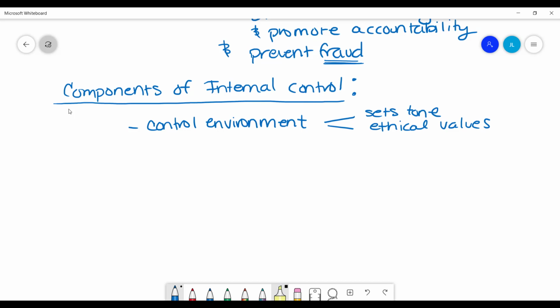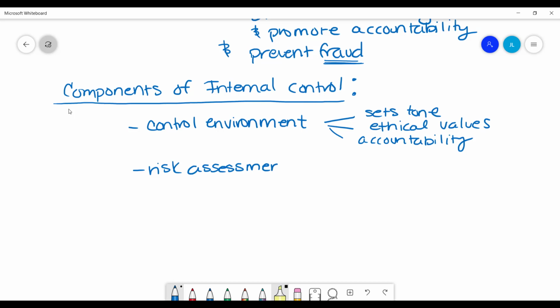Is responsibility appropriately assigned to different members of that organization? Are employees being retained, right? Are competent employees being retained, or are we losing a bunch of employees all the time? And it also looks at accountability at all levels, right? That's a big one. Okay, so essentially that is what your control environment consists of. Another one is risk assessment.